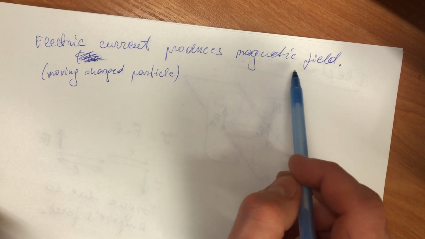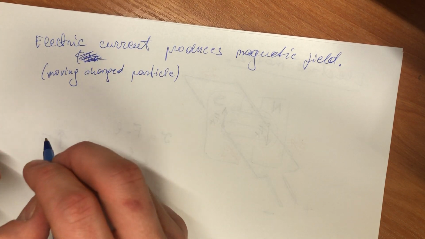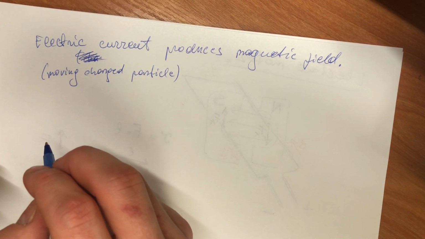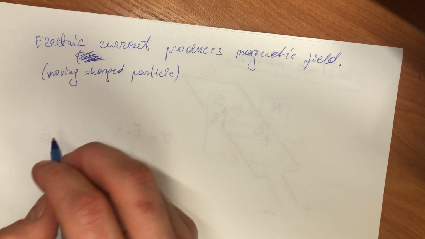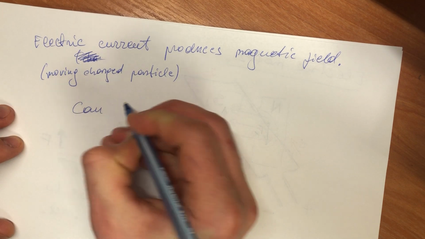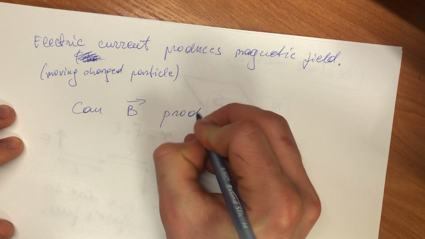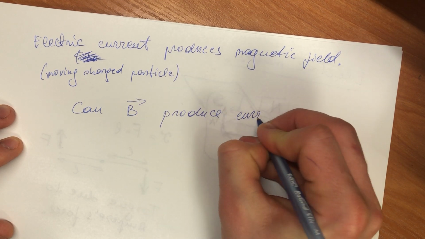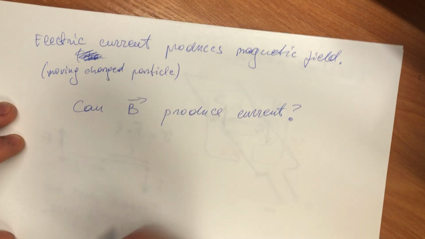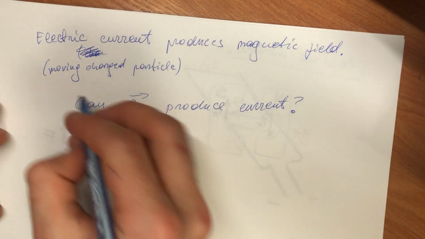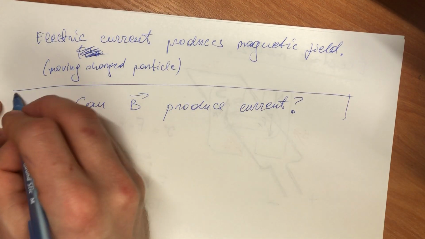If current produces magnetic field, so can magnetic field produce currents? So can magnetic field produce current? Faraday asked. So this was the question of Faraday.